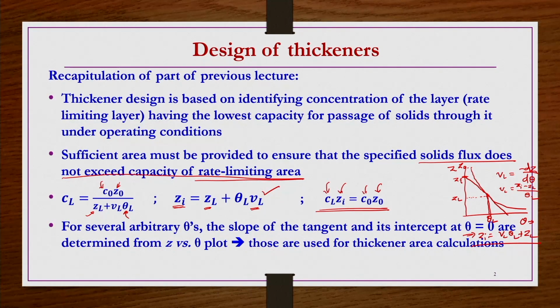If we somehow find the solids flux F, and then plot it against the solids concentration C of this layer at different times, then you may have a layer or location where the flux is a minimum. Corresponding to that minimum flux, whatever the FL is, you can note it down, and from there we can get the required area for the thickener. So, that is what we are going to do now.